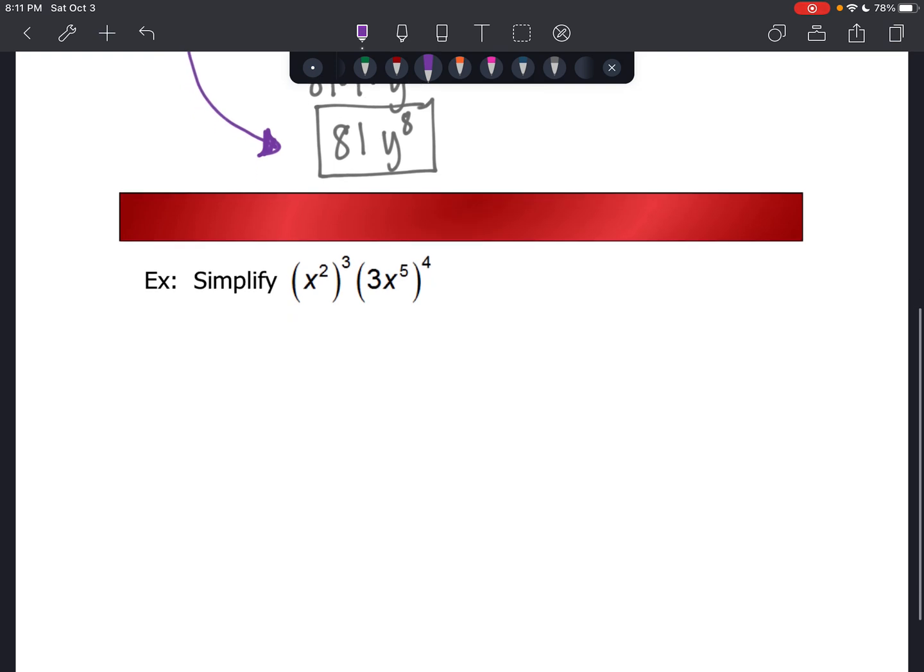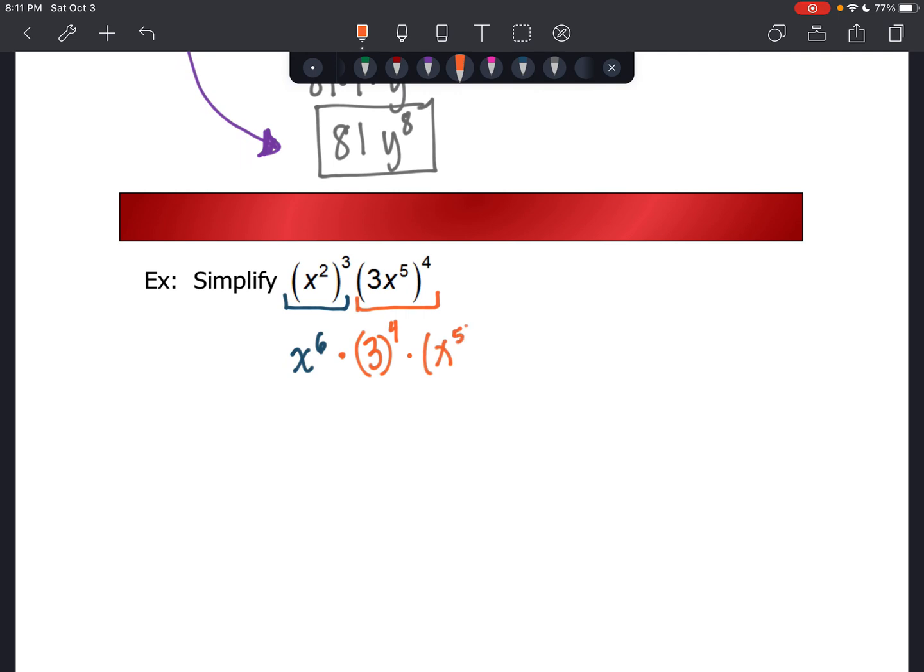Okay, let's try another one. (x squared) cubed, we'll try and do that same thing, 2 steps and an answer, times (3x to the 5th) raised to the 4th power. So x squared raised to the 3rd power would be x to the 6th power. And then we have 3x to the 5th raised to the 4th. So one base is 3, and that's going to be raised to the 4th power.